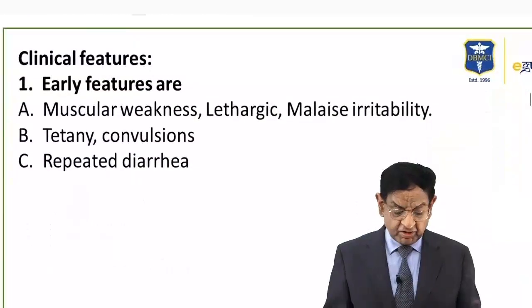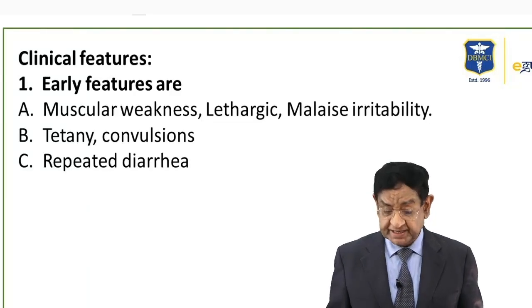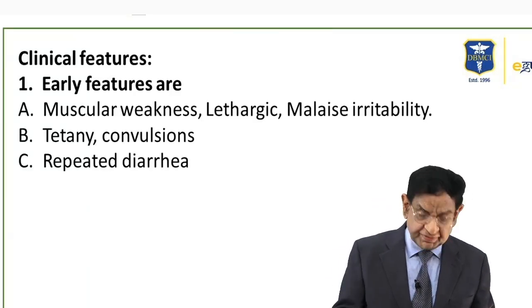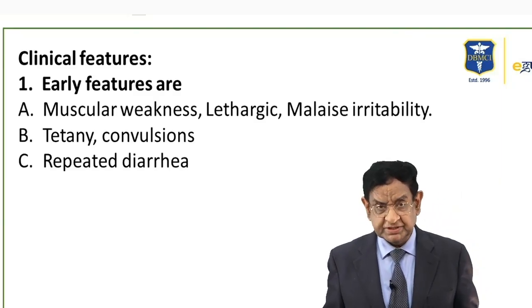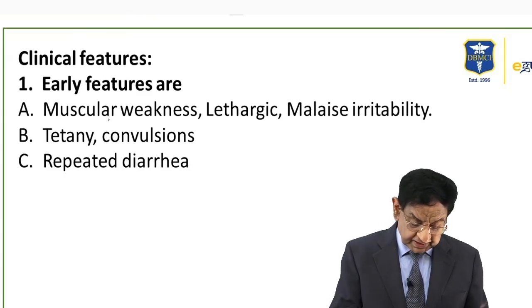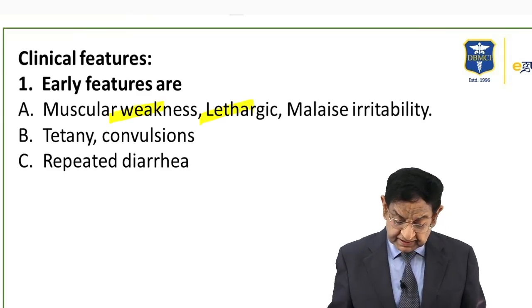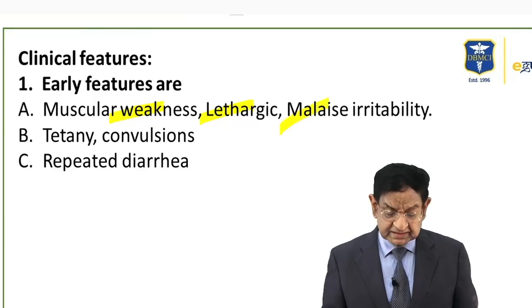With this background of causes, let's see what the clinical features of a case of rickets are. Early features. Remember, the age is 6 months to 3 years. Let's take a child of 2 years. Muscle weakness, lethargy. The child has malaise. How do you know?